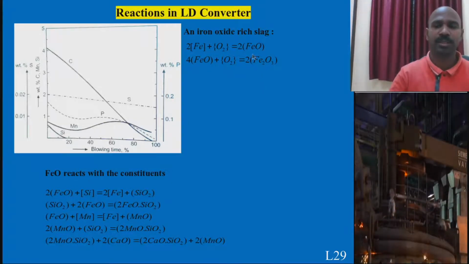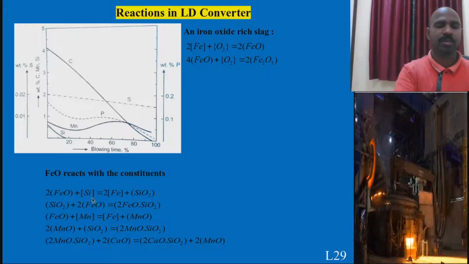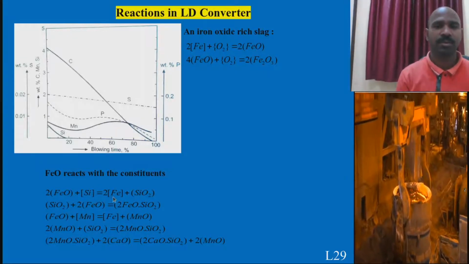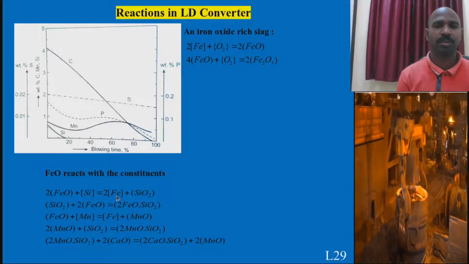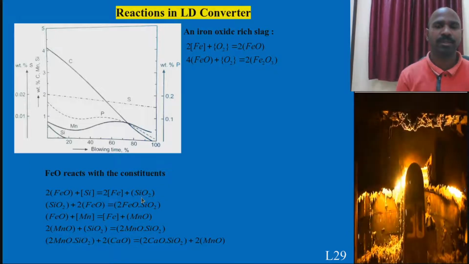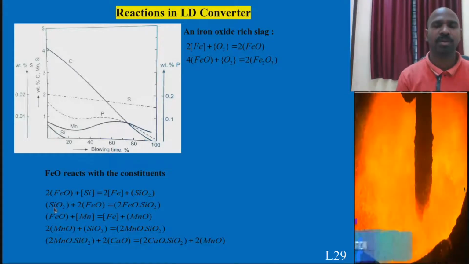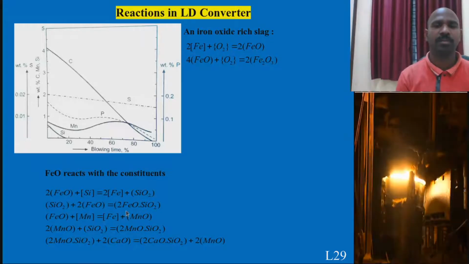This FeO, once formed, will also react with silicon in the molten pig iron. The molten iron goes into the steel, and SiO2 goes out as liquid slag, which can be removed. Further, FeO and SiO2 react again, and there are chances this compound will go out as slag.